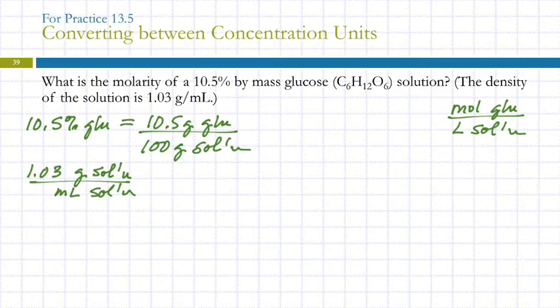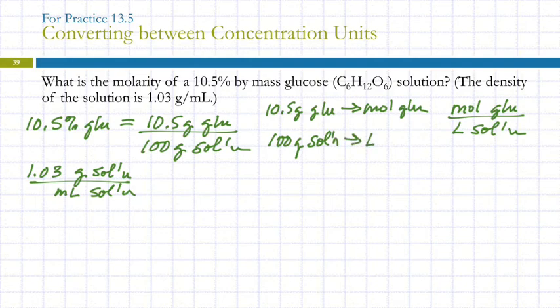But today I'm going to do it a little different. I'm going to say, well, let's just take this concentration unit apart and convert these two things separately. I have 10.5 grams of glucose, and I want to convert that to moles of glucose. And I have 100 grams of solution, and I want to convert that to liters of solution. I'm going to do those conversions, and then I'll divide the one by the other.